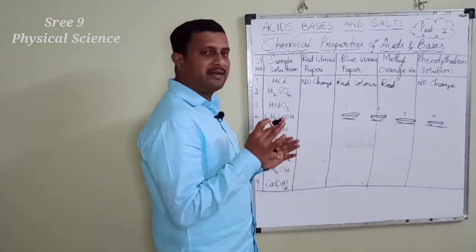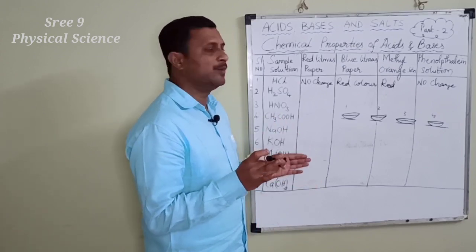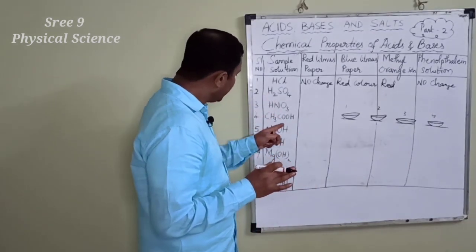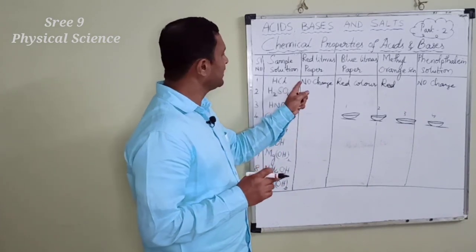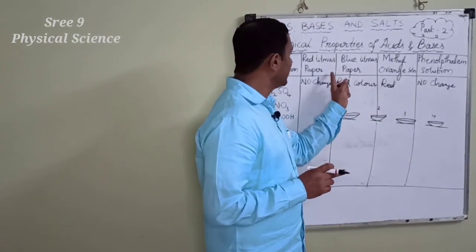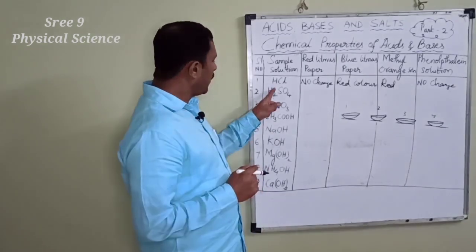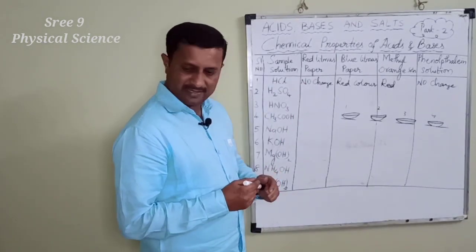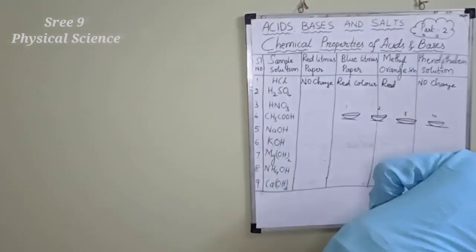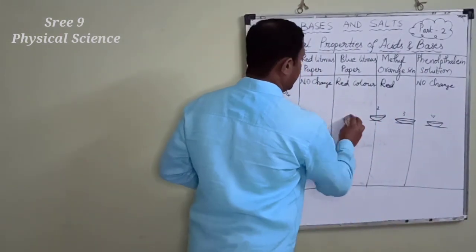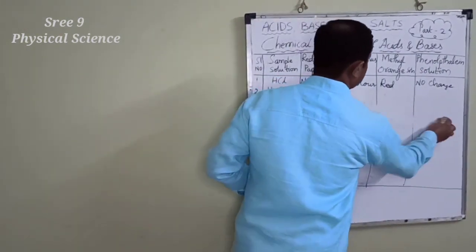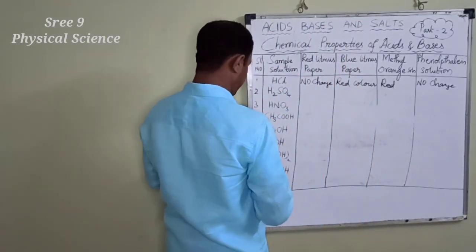Now to check practically, we have to do with each sample solution, and we have to check the results with each litmus paper and indicator. So for all acids we will get the same results, hence I am writing here. Here we will write the results over here. What happens?